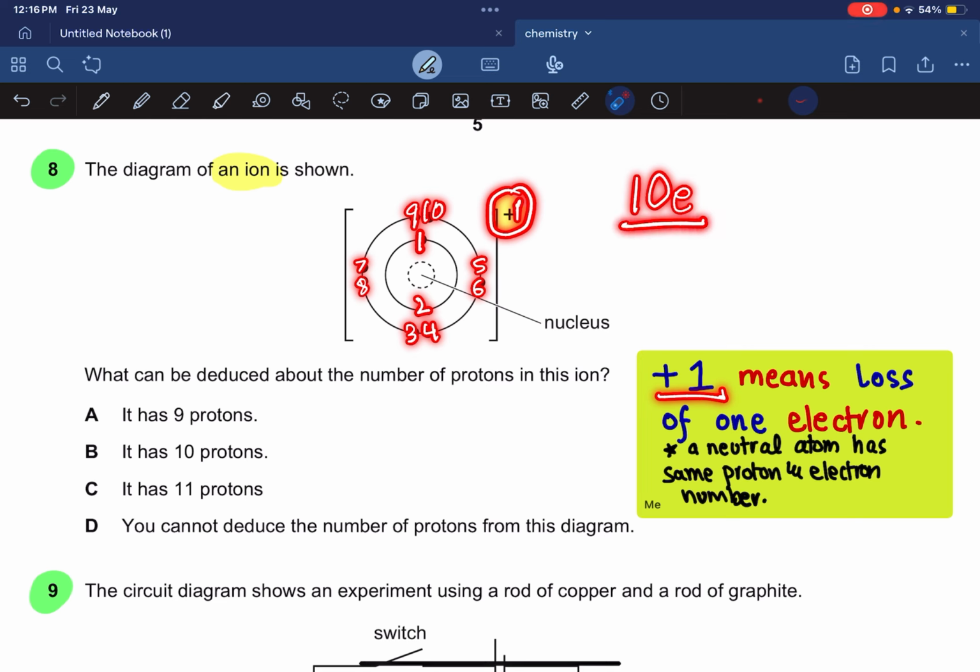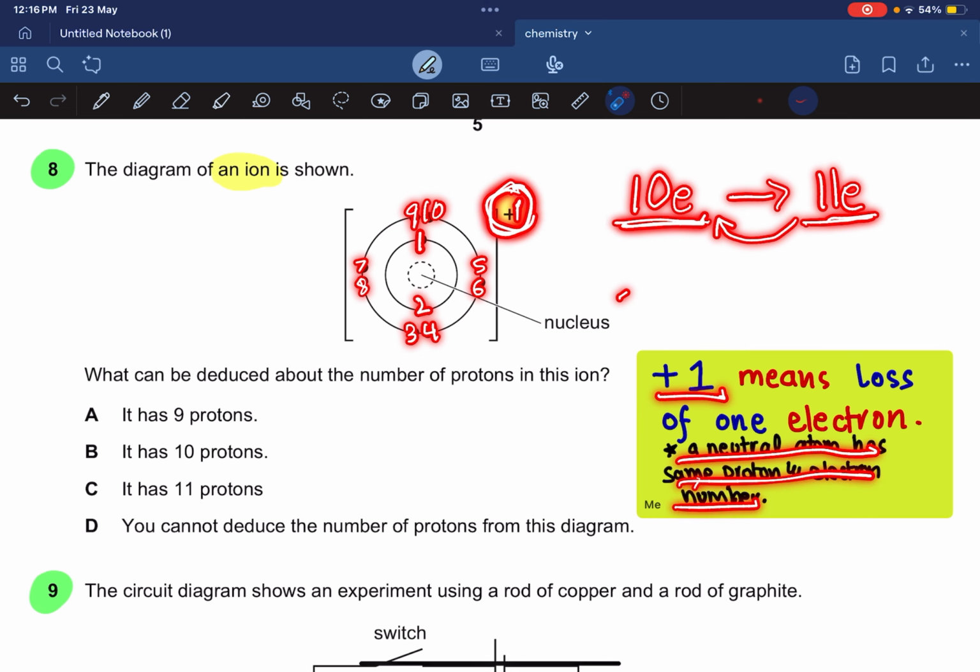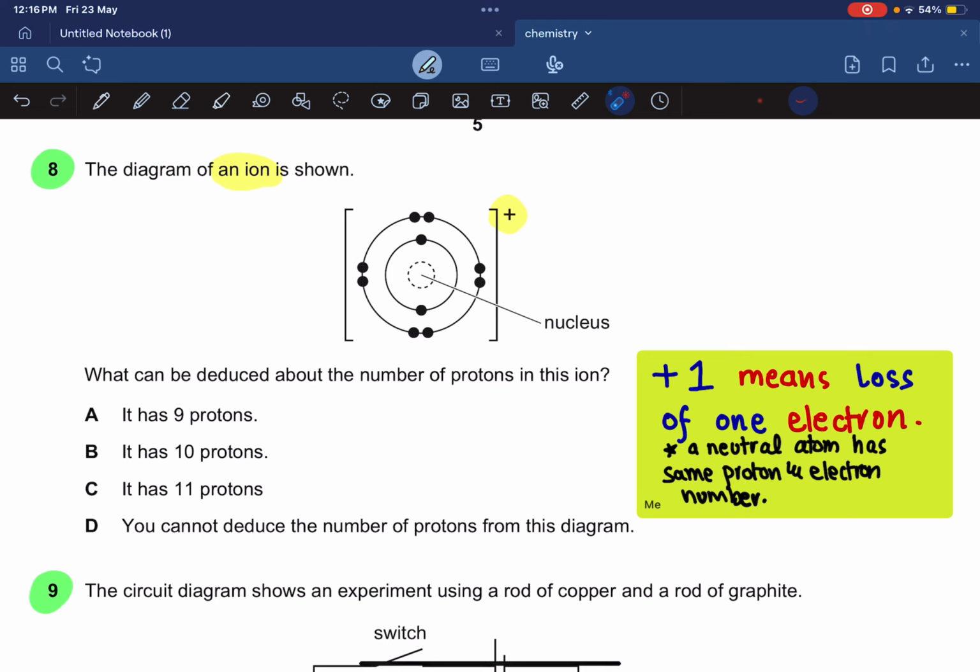Right now we have 10, but we lost one. So that means previously we had 11 electrons, and unfortunately we lost one and we got a charge of +1, and then we have 10 electrons. But before that we had 11. And you know that a neutral atom has the same proton and electron number. So before forming this charge, this atom had 11 electrons and 11 protons. So the proton number is going to be 11 because proton number does not change.